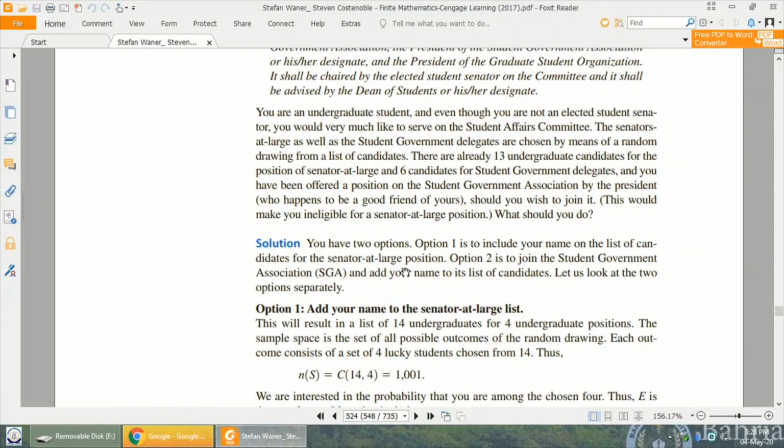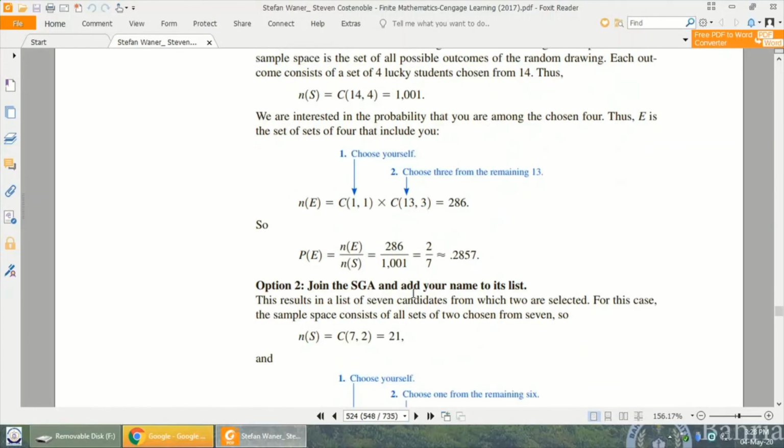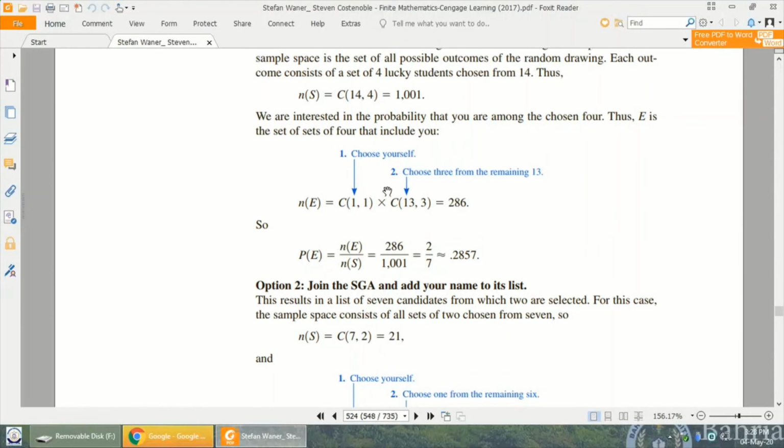And if you're considering yourself as the delegate, then you have to again subtract yourself separately, just this as 1C1 and 6C1, because now we are taking 3 remaining from here and you choose yourself 1 from here. And in the second part we have 7 candidates from which 2 are selected, okay? So this is the second option that has been given to you as part of the question.